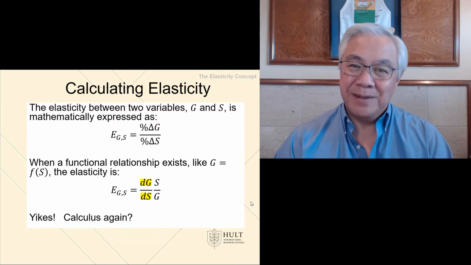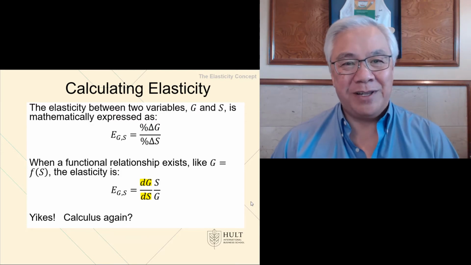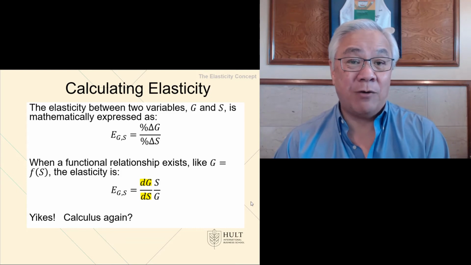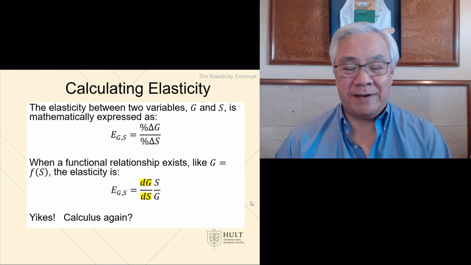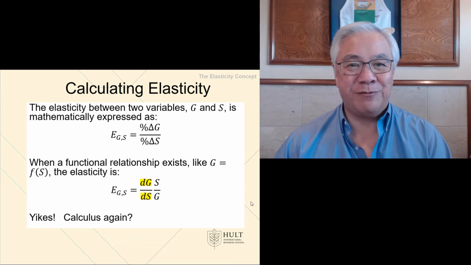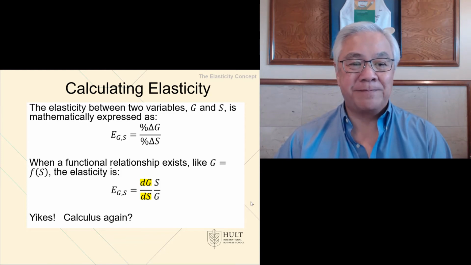The answer is yes, but you've mastered calculus, right? Well, at least the first derivative. And again, that's all we're going to need here in this course for calculus, is the first derivative. So you're okay. Hopefully you still remember it from the last chapter.